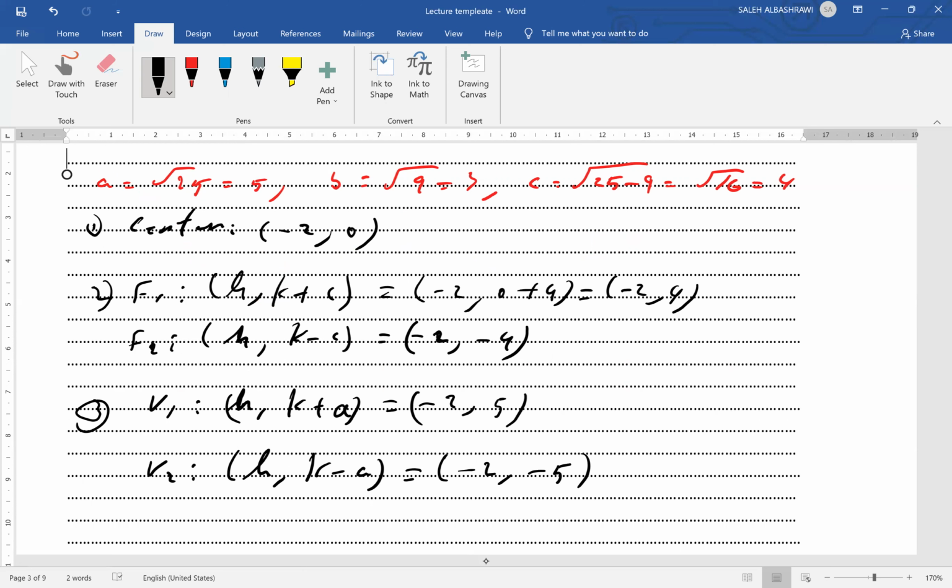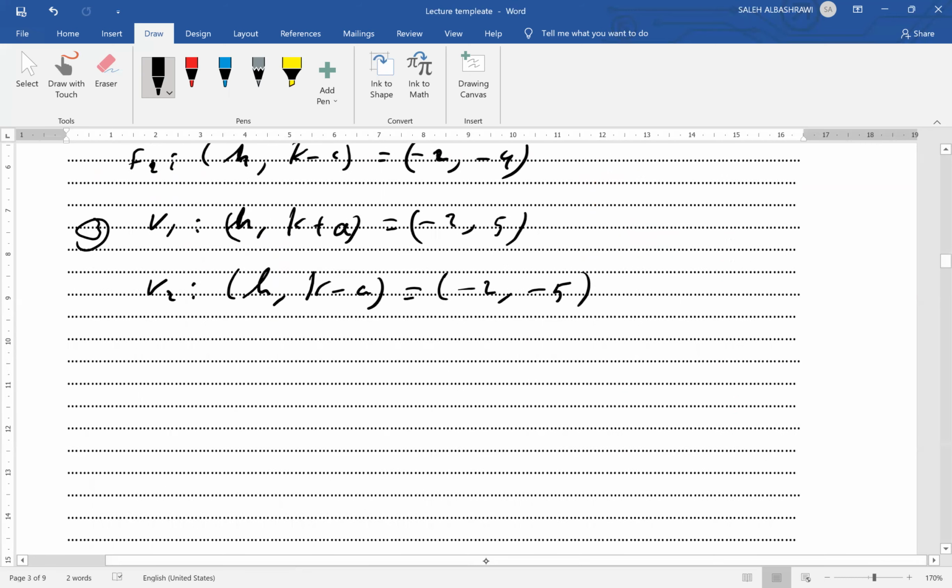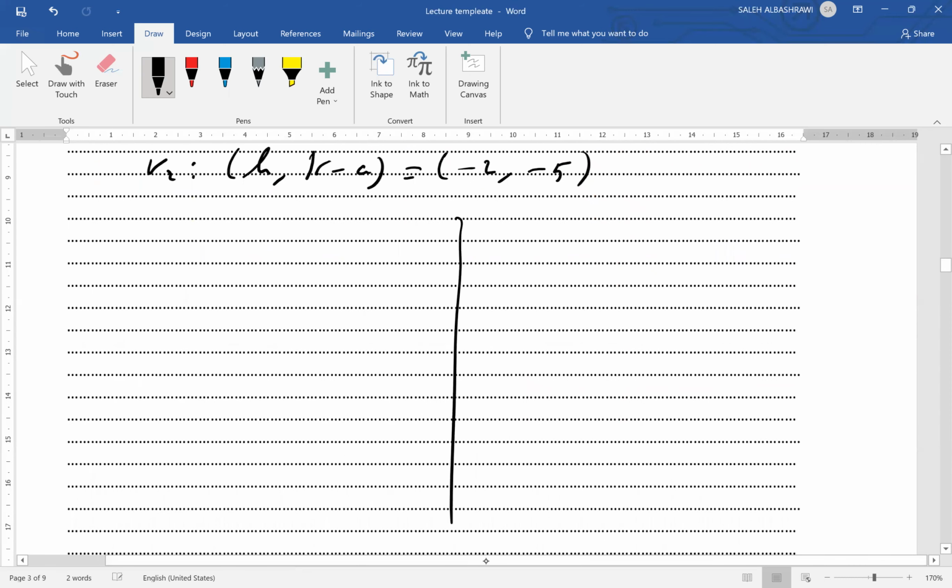We have everything, then we can graph the ellipse. Center is minus 2 and 0. This is the center. V1 is minus 2 and 5. This is V1.